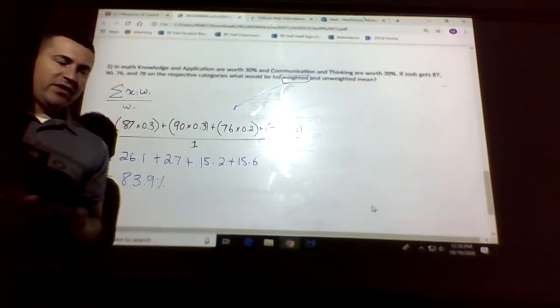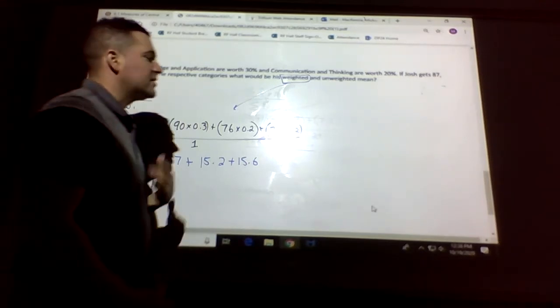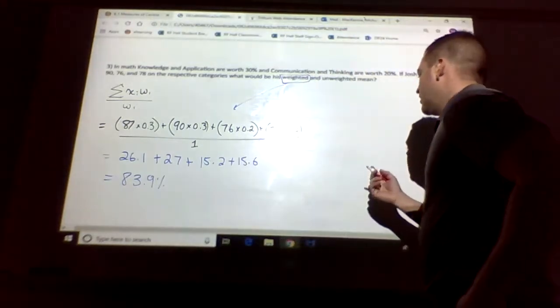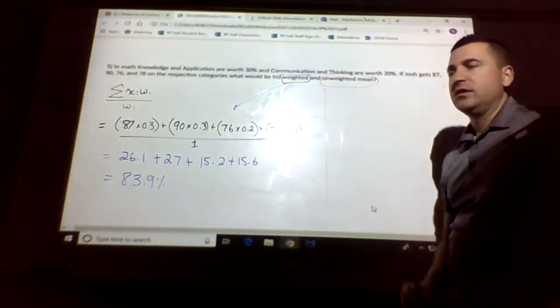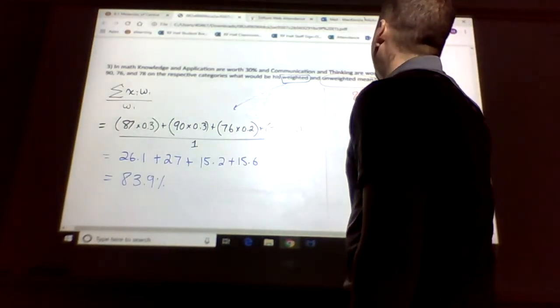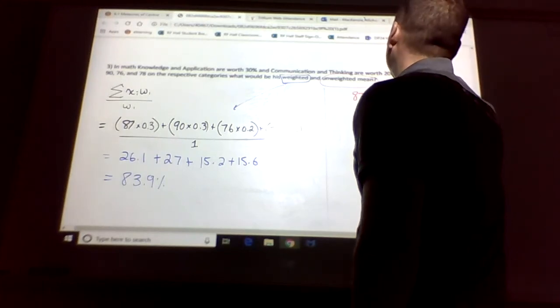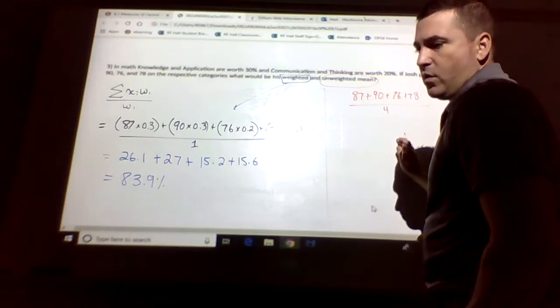In this case, this person's mark is about 83 average. Say we didn't have that. Say we made every category exactly the same. If we did it exactly the same, this would be unweighted. So all you would have to do is add up each entry, 87, 90, 76, and 78, and divide by how many there are, which is 4.